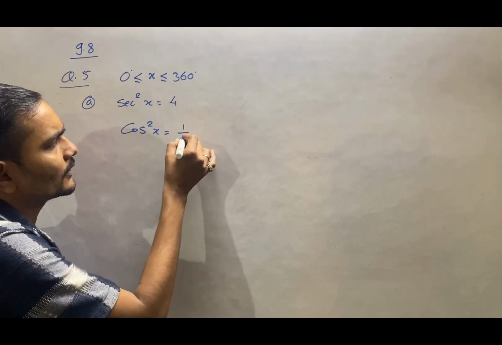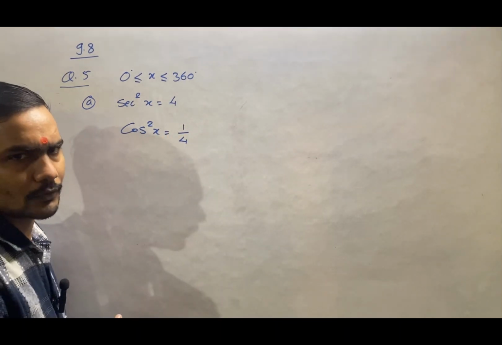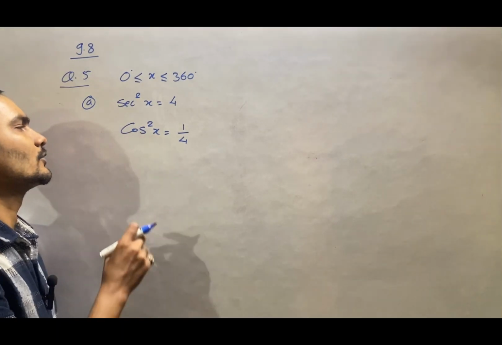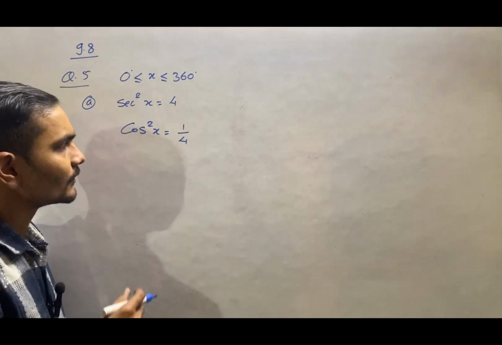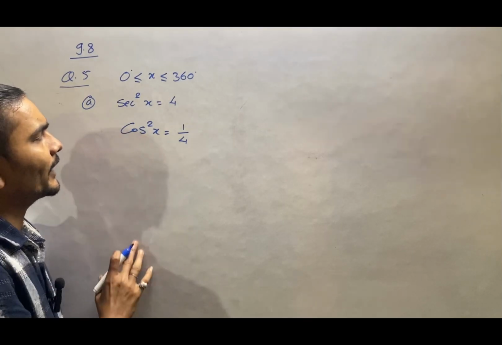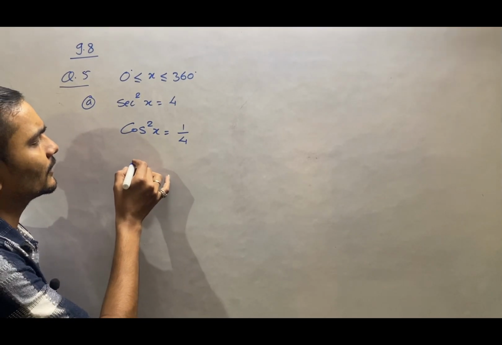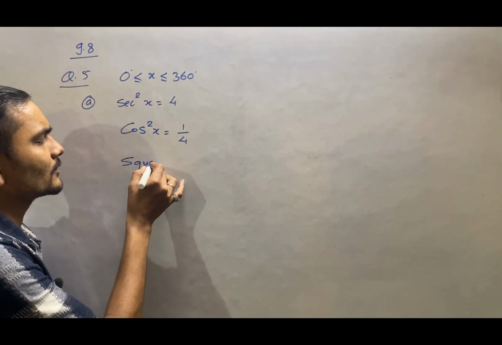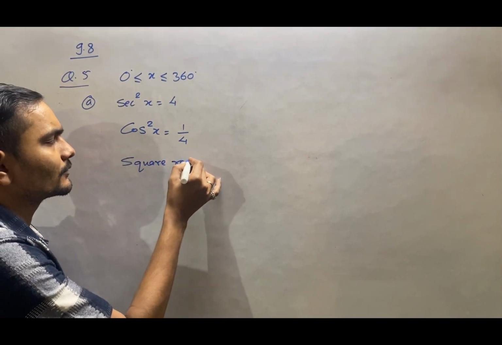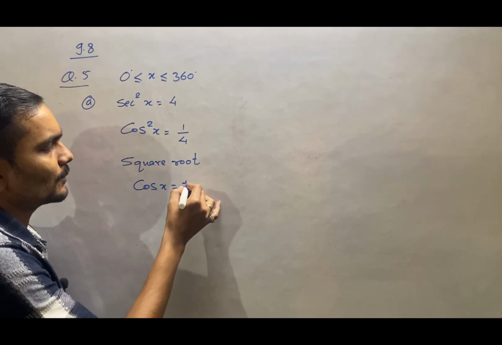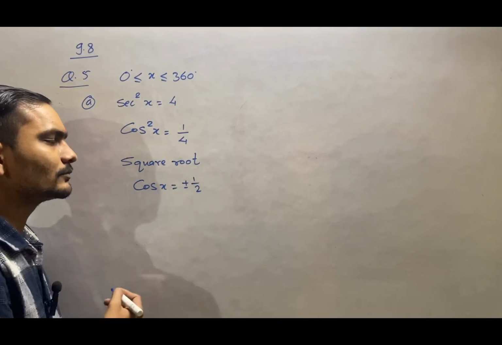this is 1 over 4. Okay, so now here if we take a square root of this part, then what you will get, cos of x equals plus minus 1 over 2.